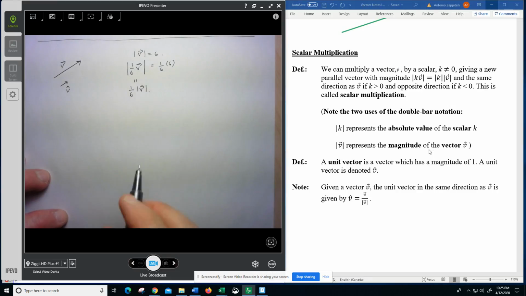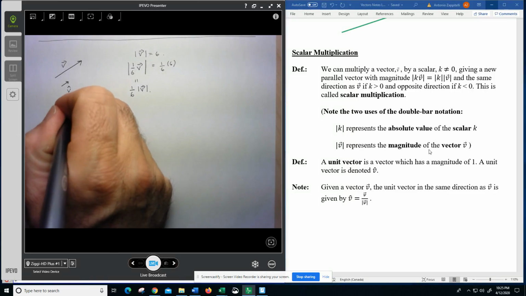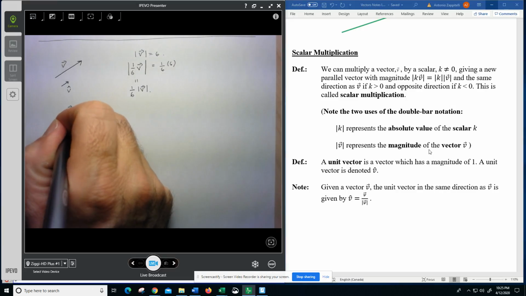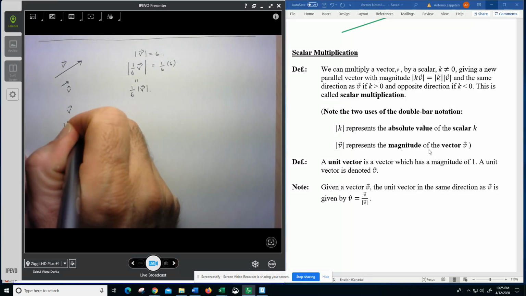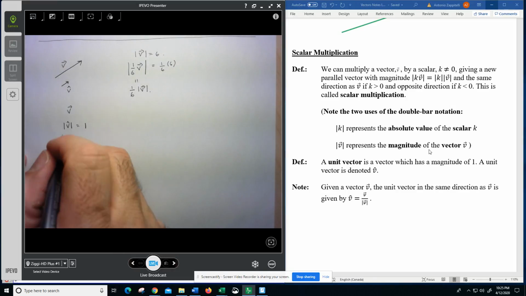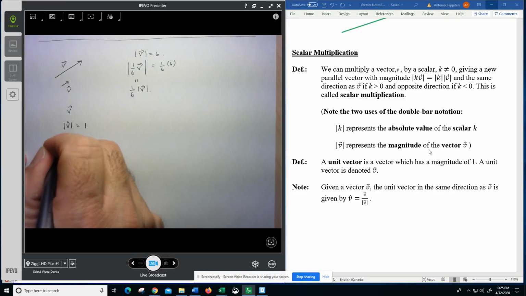So if we want to see this in a little bit more of a general context, if I have some vector v and I want to create some vector which is in the same direction as v but has magnitude of 1, well, what I want to do is take vector v and multiply it by some scalar multiple.